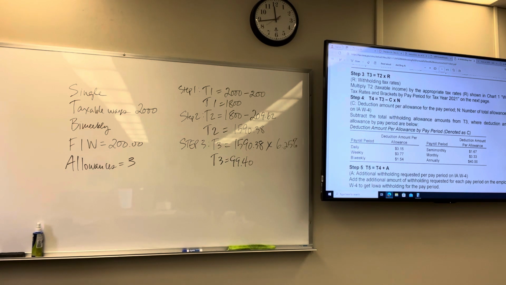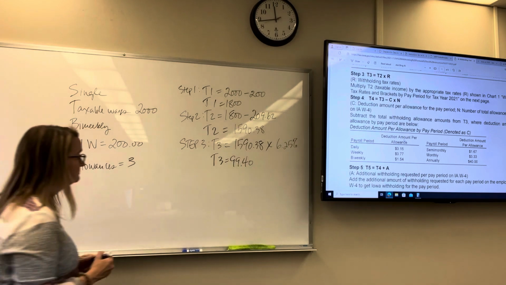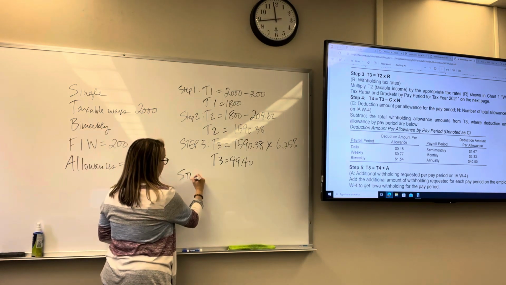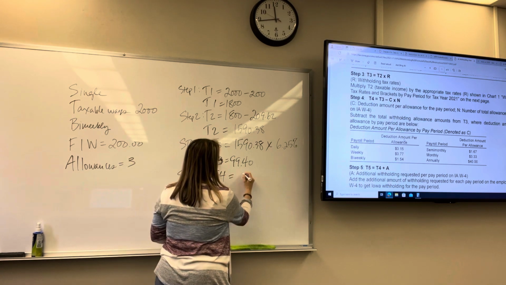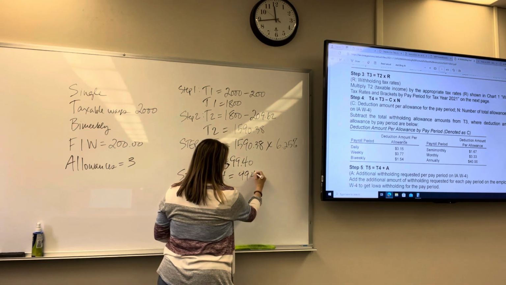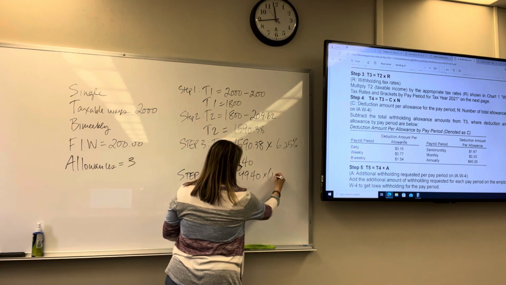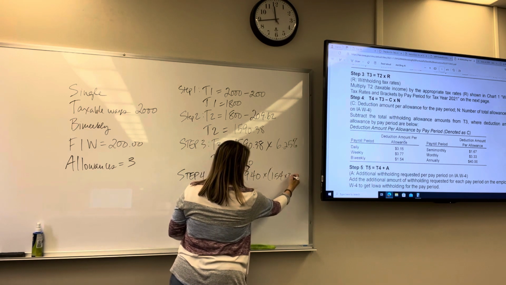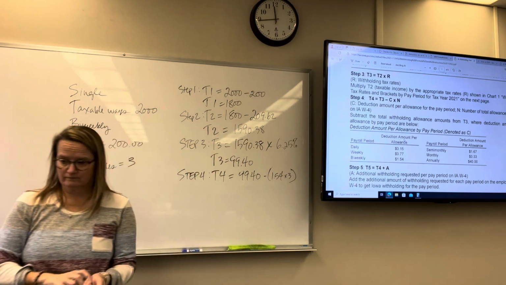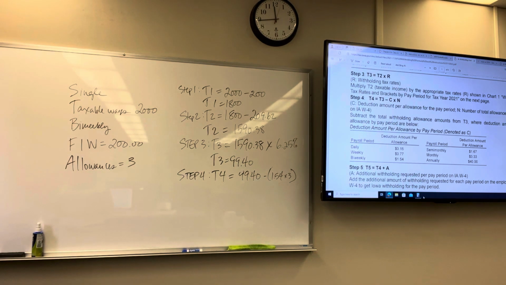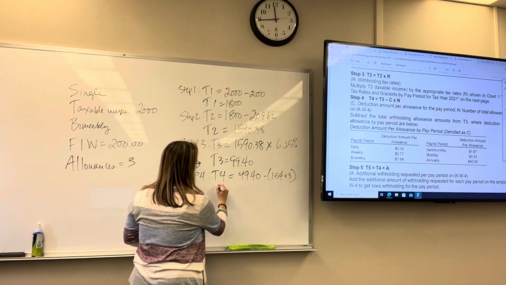So we're going to take T3 minus 1.54 times 3, $4.62, $94.78.